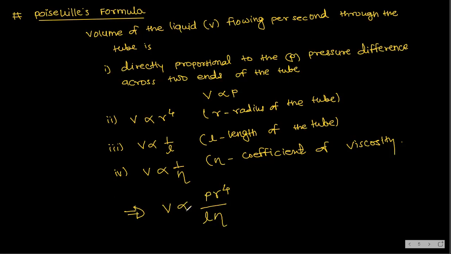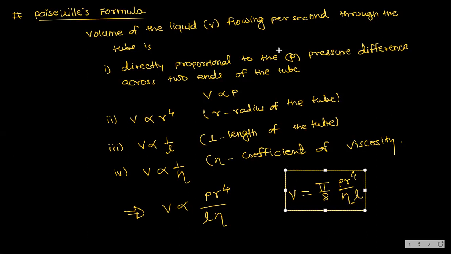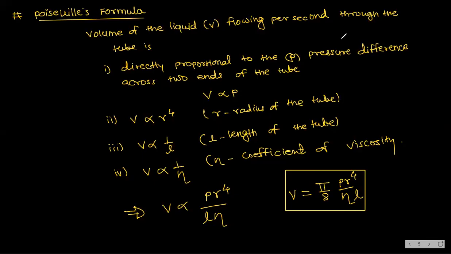If I remove this proportionality symbol and add the proportionality constant, that is pi by 8, then volume per second is pi by 8 P r power 4 divided by eta L. This is your Poiseuille's formula. So note down fast.